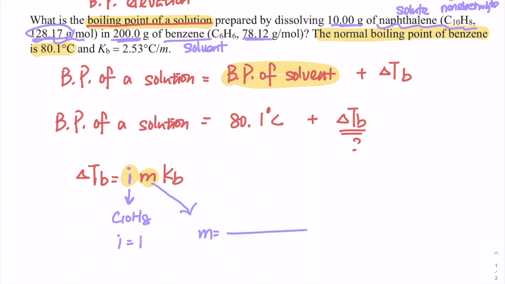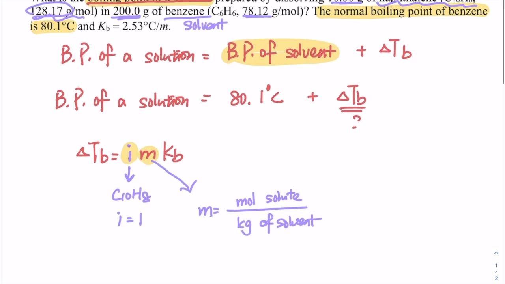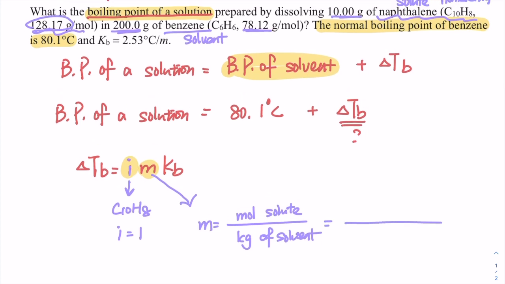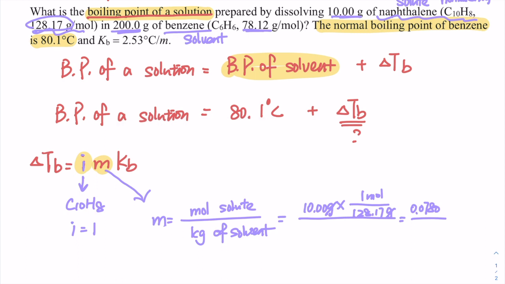Molality is calculated as moles of the solute over kilograms of the solvent. Let's calculate moles of the solute, C10H8. We use 10 grams divided by its molar mass, 121.17 grams per mole, which gives 0.078 moles. For kilograms of solvent, we have 200 grams.